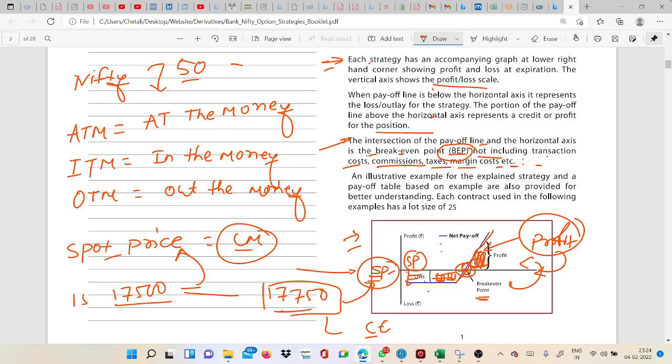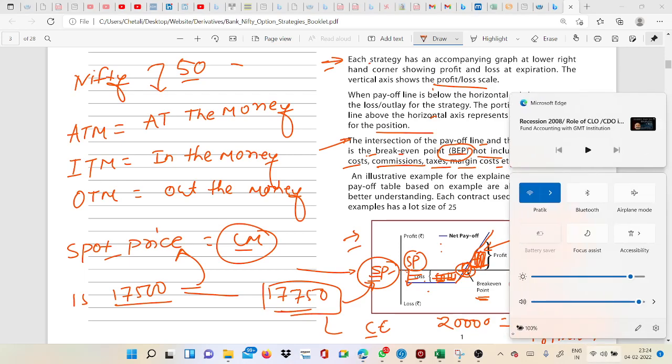And how can you calculate the profit? If you exit the contract and, let's say, you have 20,000, you first have to deduct the premium amount which you have paid.